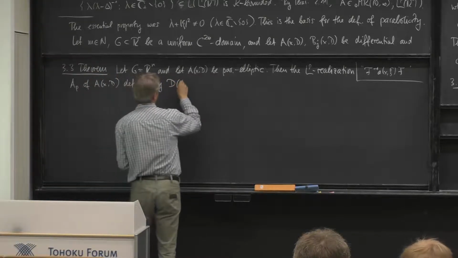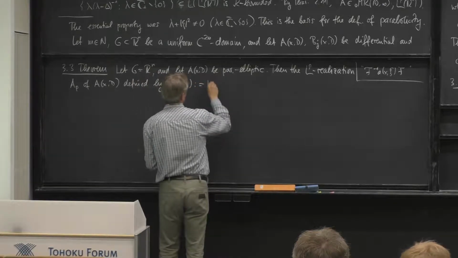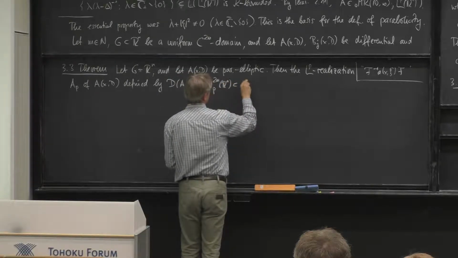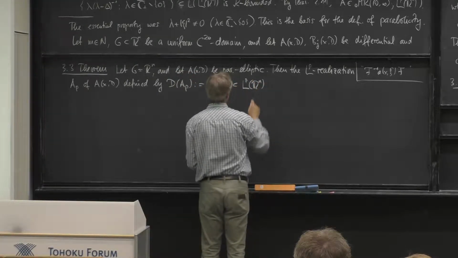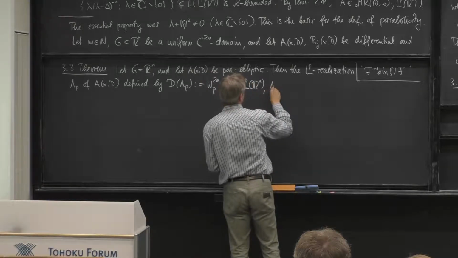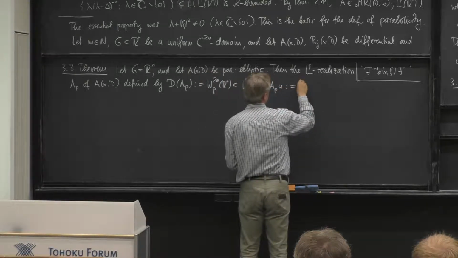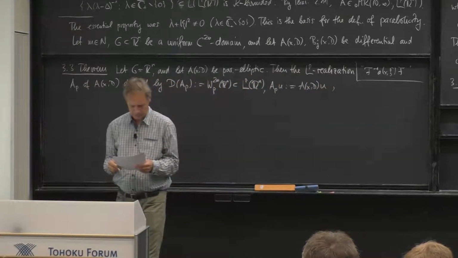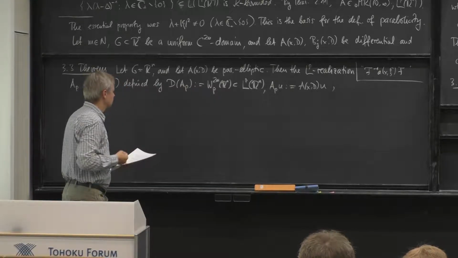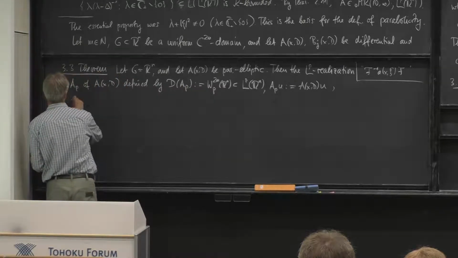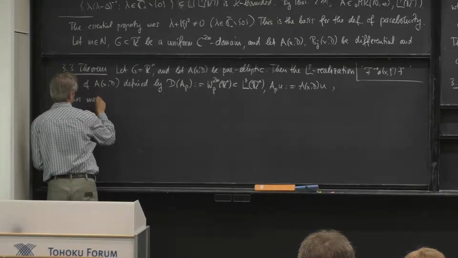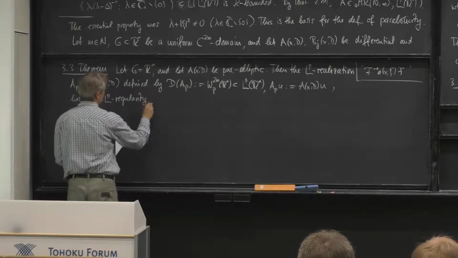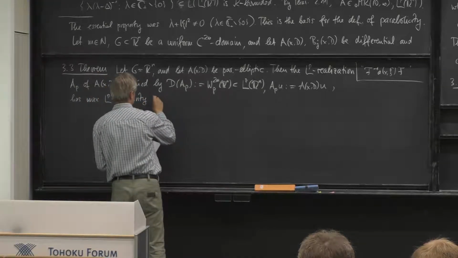So the domain of A_p is W^{2m}_p of Rn. I consider this as an unbounded operator in Lp of Rn, and A_p u is defined as A of x, D u. This operator has maximal Lp regularity in finite time intervals.